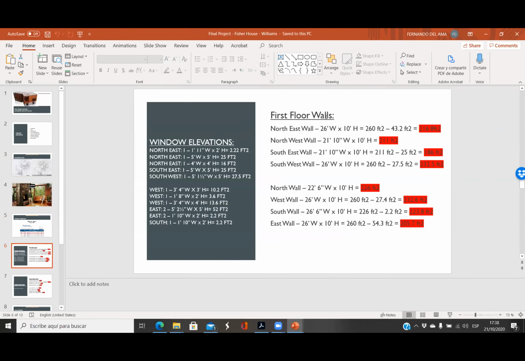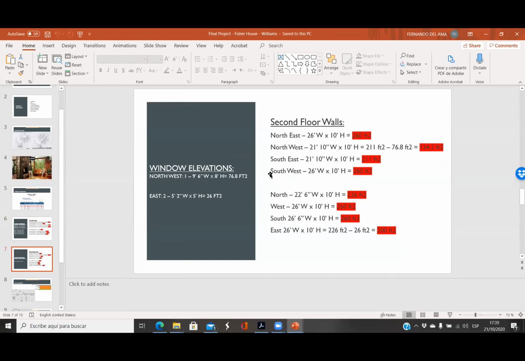This table with this schedule of windows, especially the area of windows, walls. Okay, that helps me a lot. So if you haven't included that, the previous students haven't included this table. It's helpful if you include this.